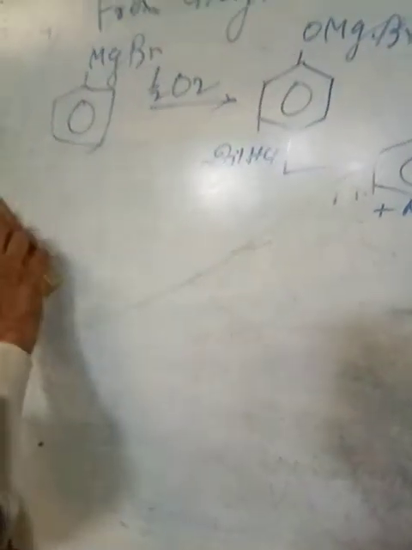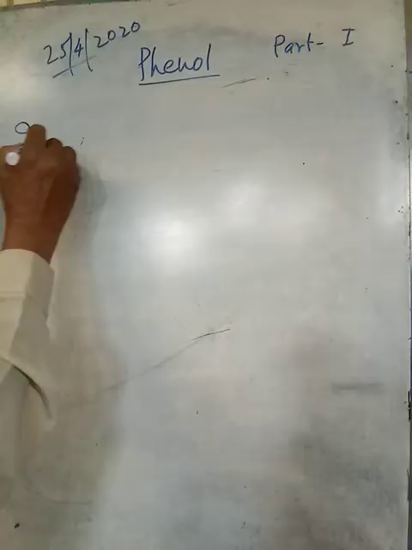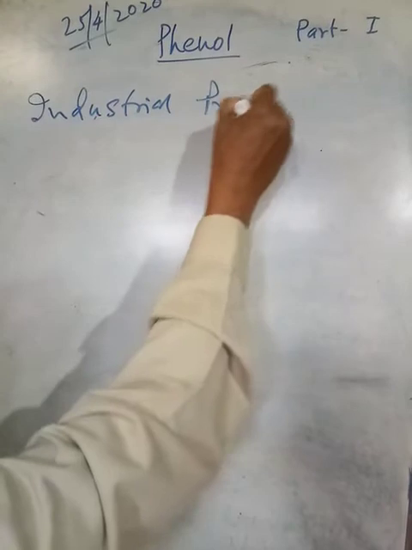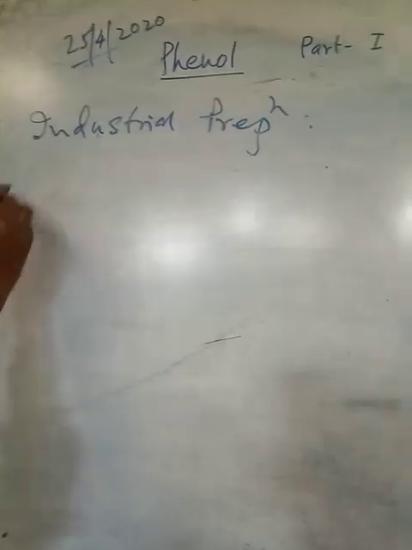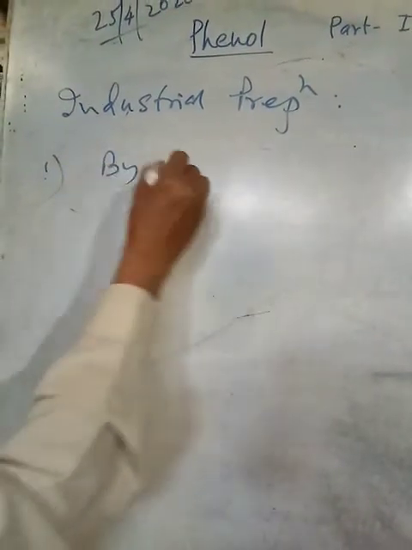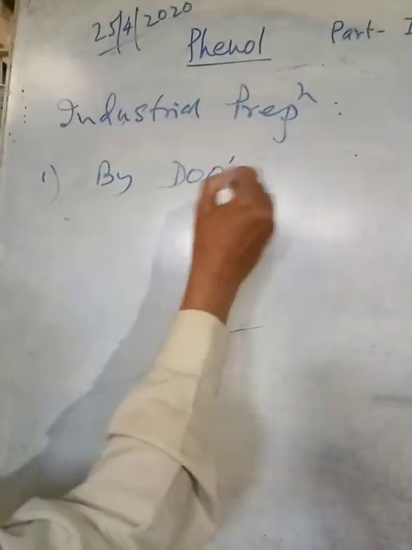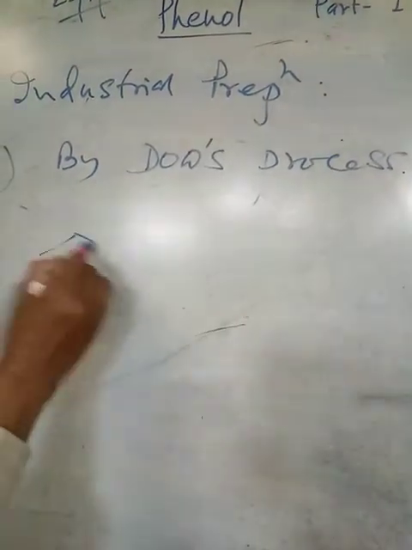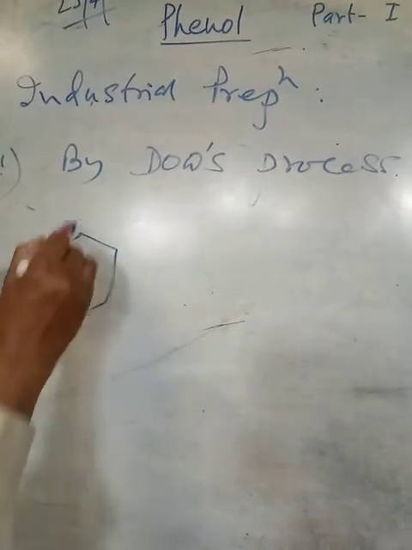Now there are some industrial preparations also. Number one, by Dow's method, the Dow process. You have read this in chlorobenzene.